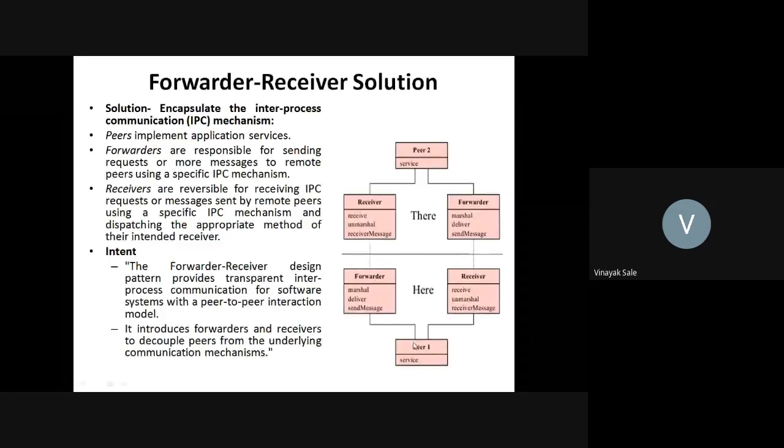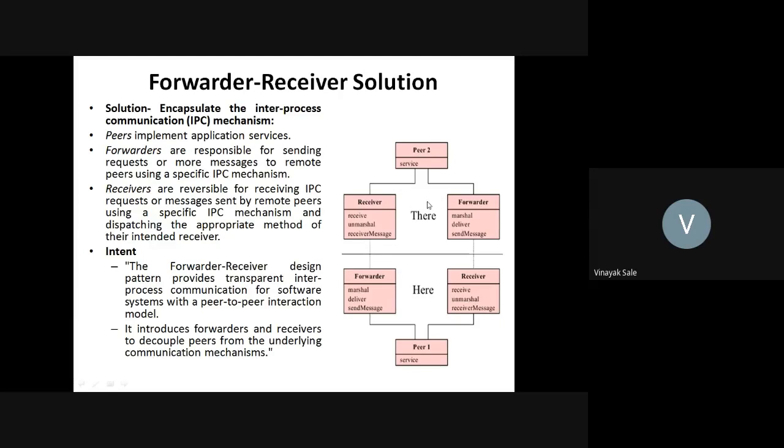So in peer 1, see in this figure, in peer 1 there is a service. The forwarder has the operations marshal, deliver, send message. This message is sent towards the receiver. The receiver performs receive, unmarshal and receive message, from this peer, here, to the other peer.